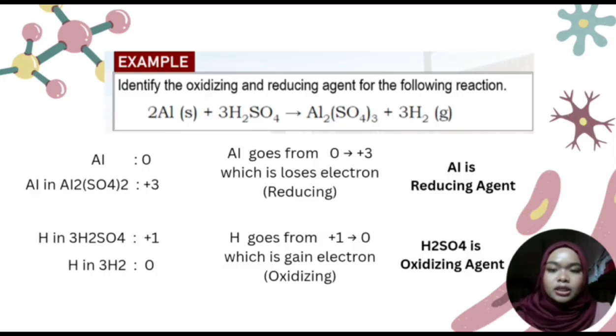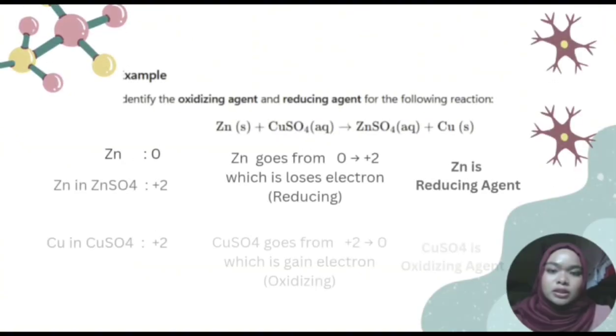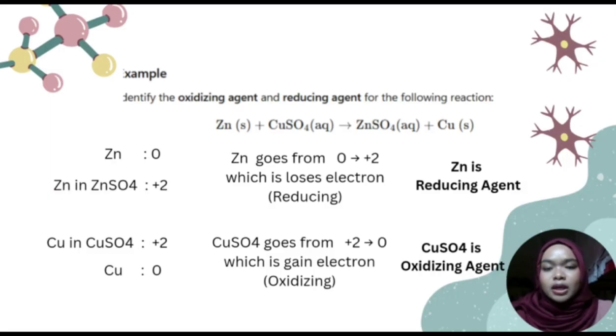H in H2SO4 equals +1, while H in H2 equals 0. H goes from +1 to 0, which is a gain of electrons, so it's the oxidizing agent.